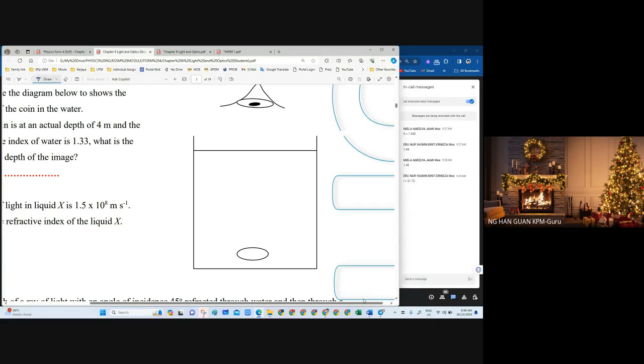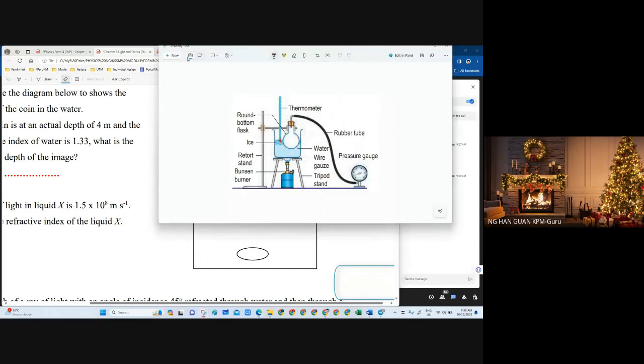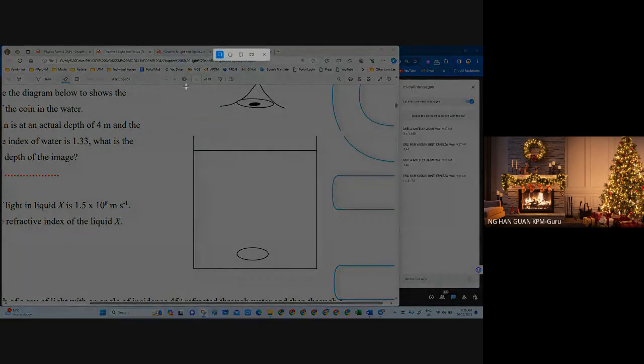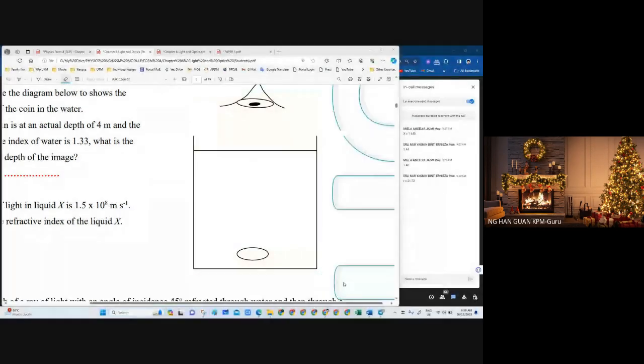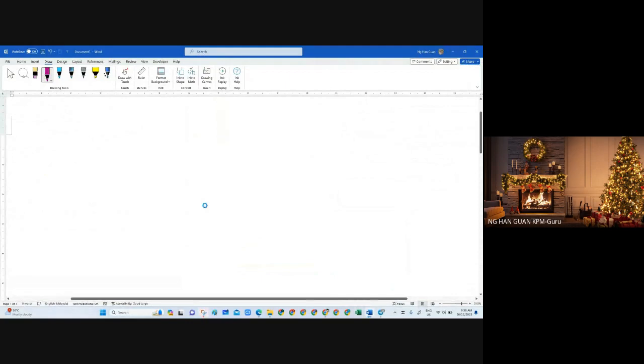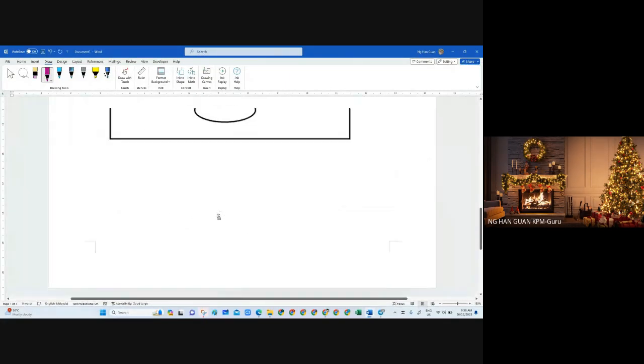From here, use a ruler and draw one straight line upwards. Use a ruler, please. I erase it. Okay, show the image first.